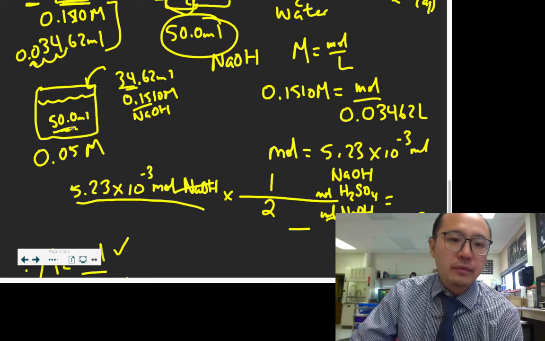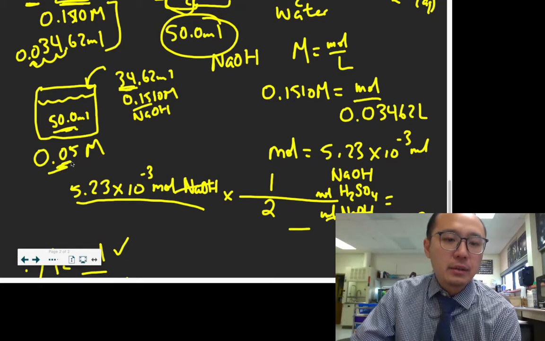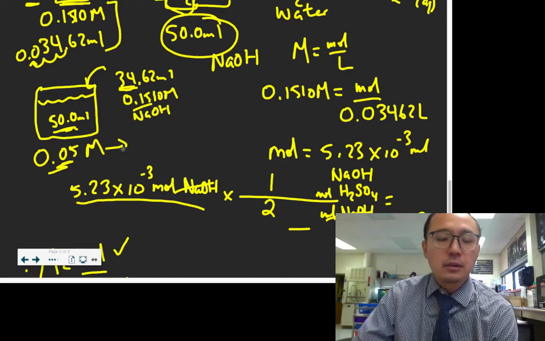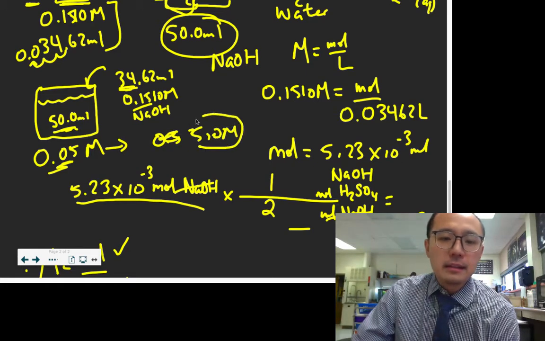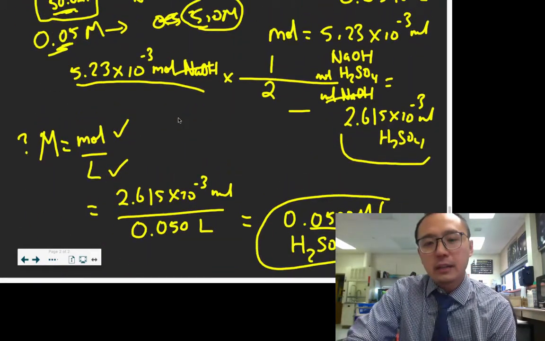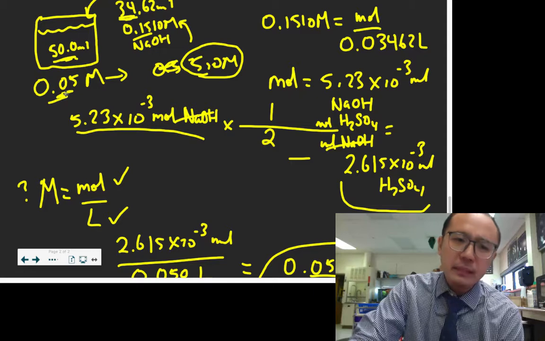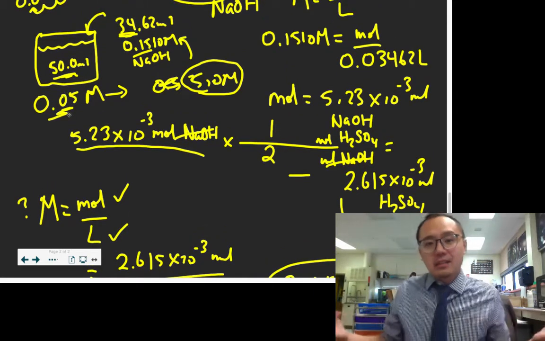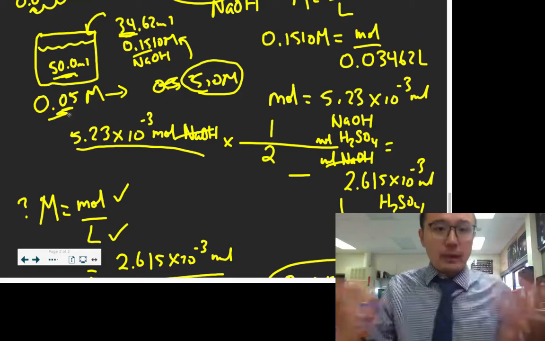You notice that 50 mLs is more than 34, but because sulfuric acid is a stronger acid, this number makes sense. Just remember, if your number is a massive number like 5.0, that doesn't make sense because this is such a stronger acid, right? Stronger concentration. So when you double check your answer, check if it qualitatively makes sense. If it does, then your calculations are great.